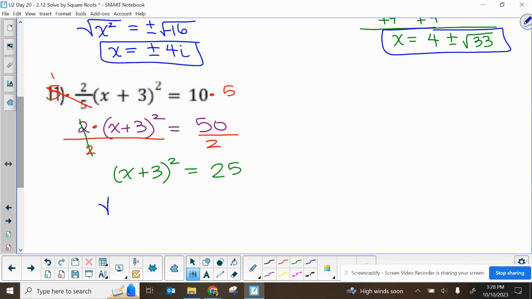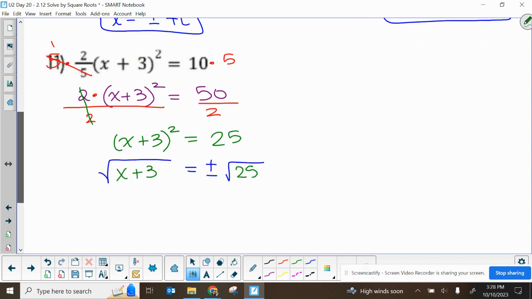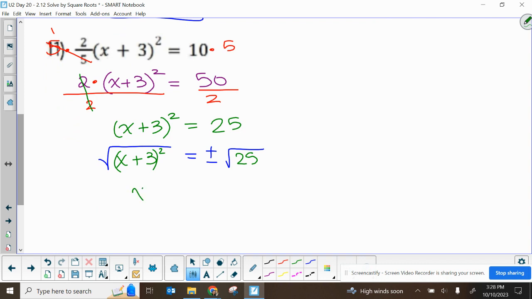I'm going to take the square root of both sides with a plus or minus. So I get x plus 3 from the left equals plus or minus 5, because 25 is a perfect square. Then I can subtract 3 from both sides, but again, I'm going to put it in the front.